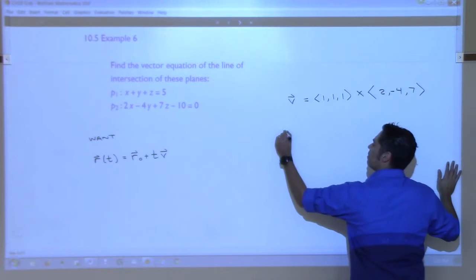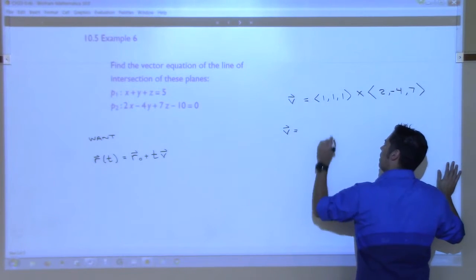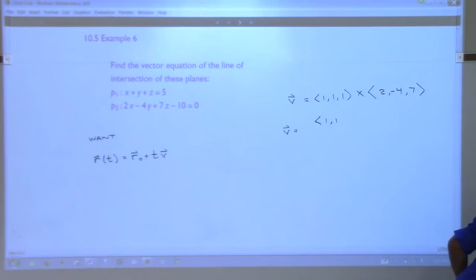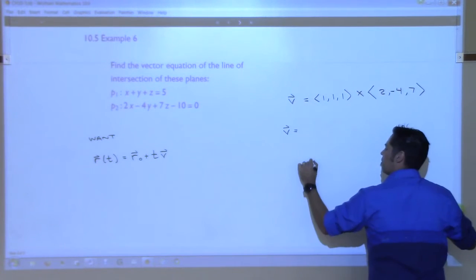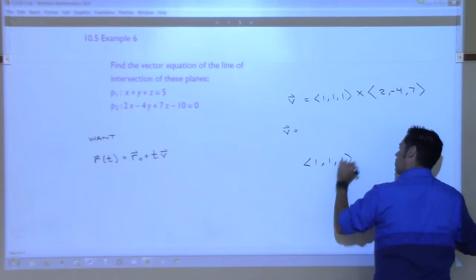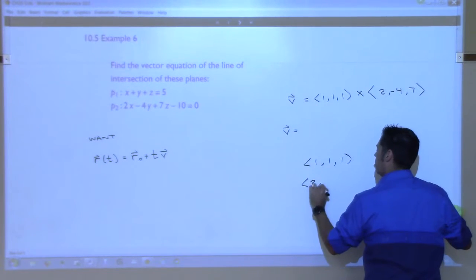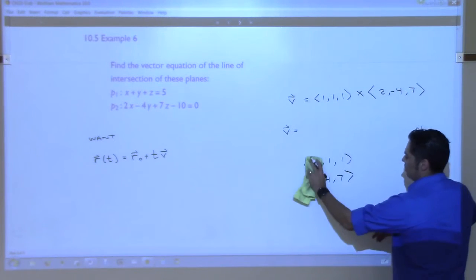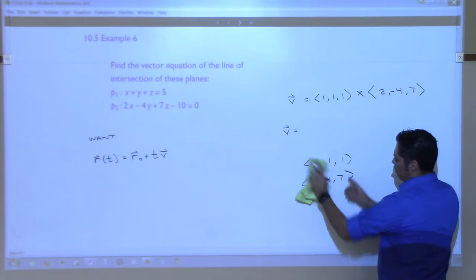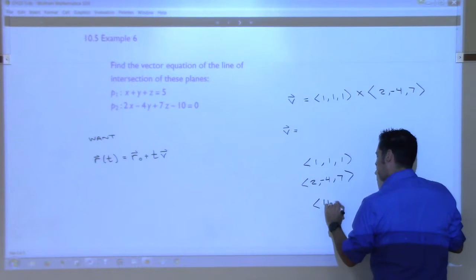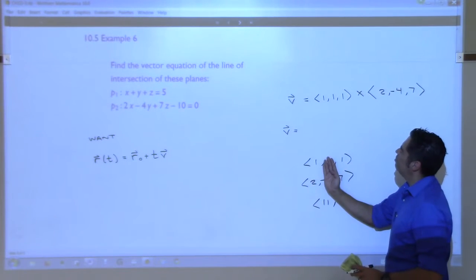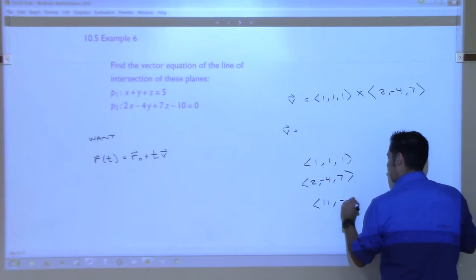Okay, so let me do it up below this. 1, 1, 1. Cross that with 2, negative 4, 7. Let's see, 7 plus 4 is 11. 7 minus 2 is 5. Change it, negative 5.